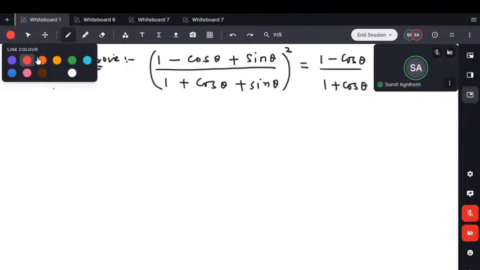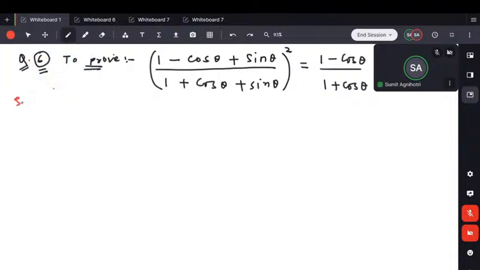Okay, let's consider its solution. Whenever we solve such problems of trigonometry, we use identities and we generally consider LHS or RHS, any portion we can start with, but we generally start with that part which is in complex form, because simplifying the complex is easy.